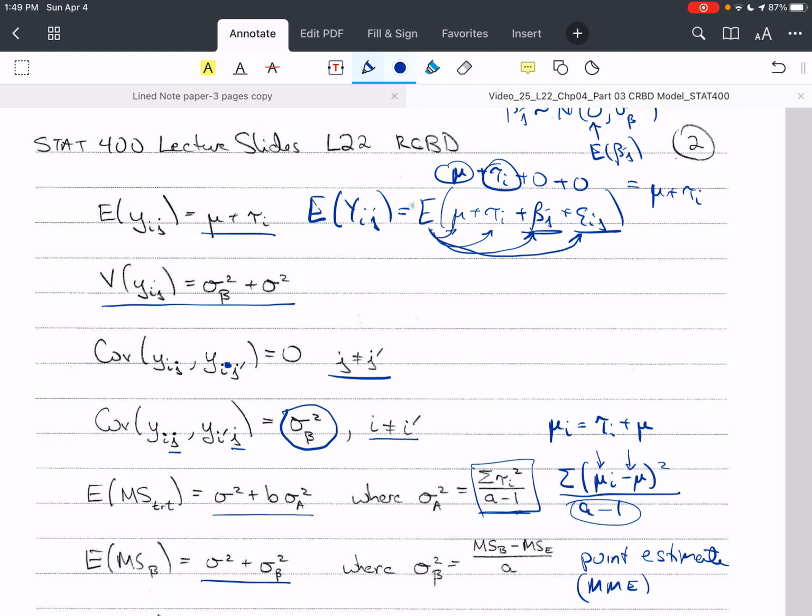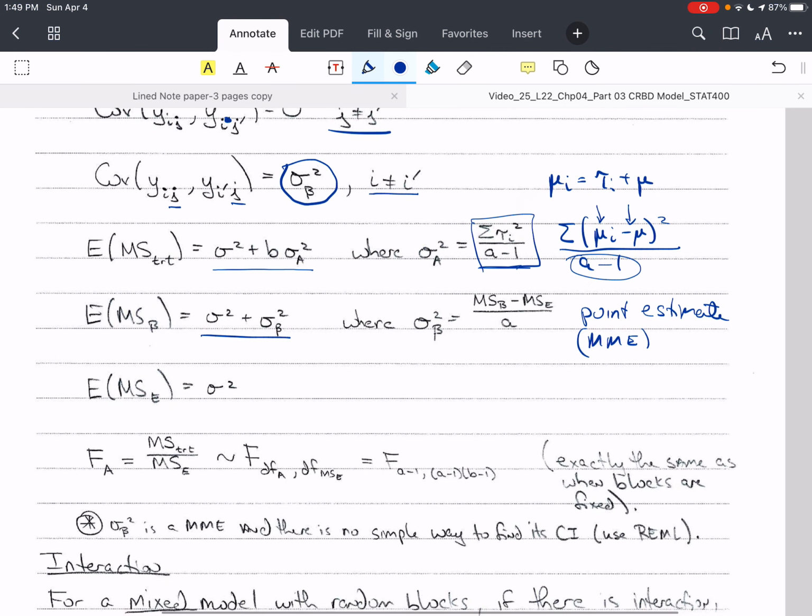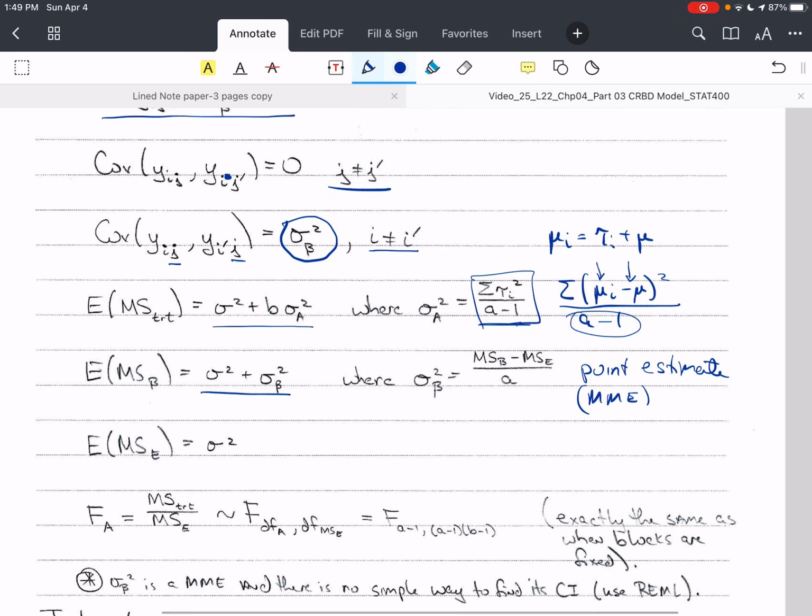From the ANOVA table, it's MS sub beta minus MSE over a. And we'll talk about this. I'll go ahead and mention that sigma sub beta squared is a method of moments estimator, and there's no simple way to find its confidence interval. You'd have to use restricted maximum likelihood methods.